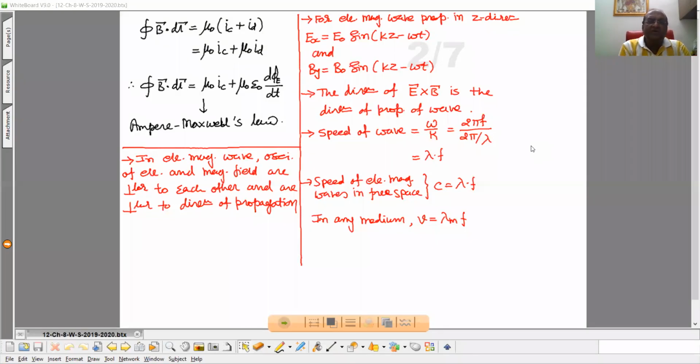Clear? Then after, many scientists worked in that direction, and came to know about the entire electromagnetic spectrum. The electromagnetic spectrum is nothing but the collection of electromagnetic waves with wavelength from 10 raised to minus 14 meter to 10 raised to 7 meter. And this entire electromagnetic spectrum is continuous in this range.